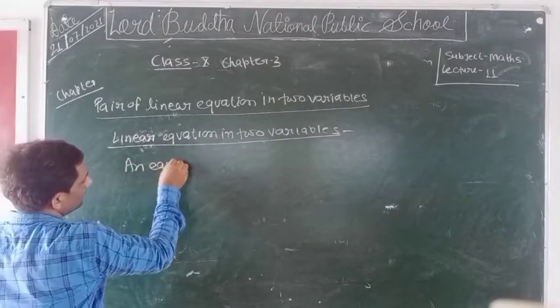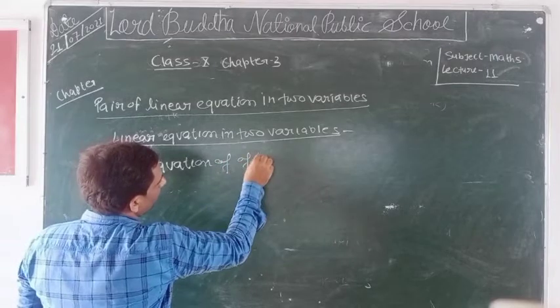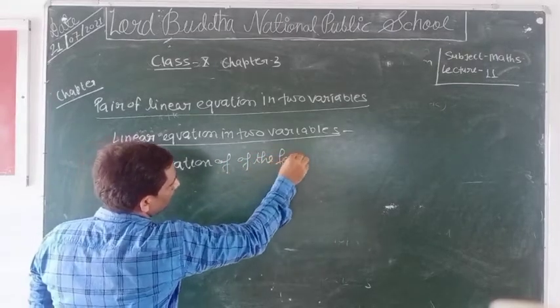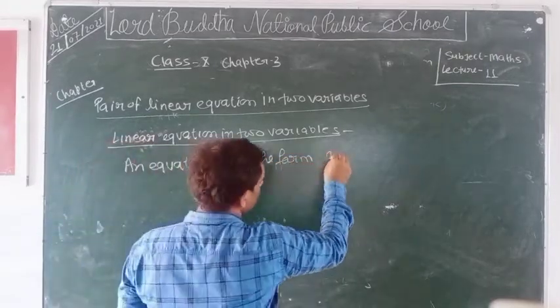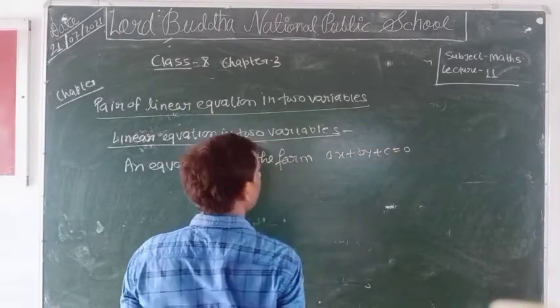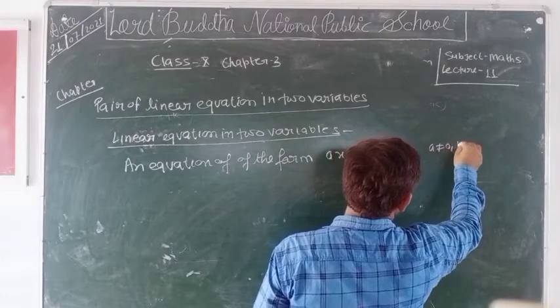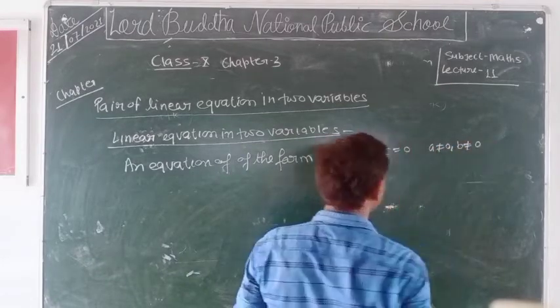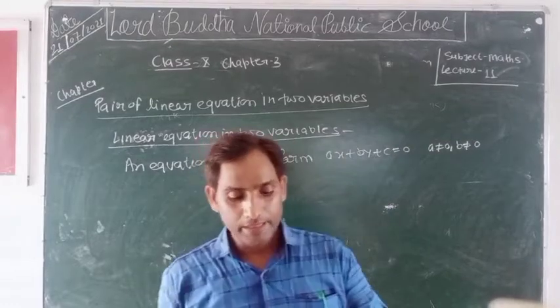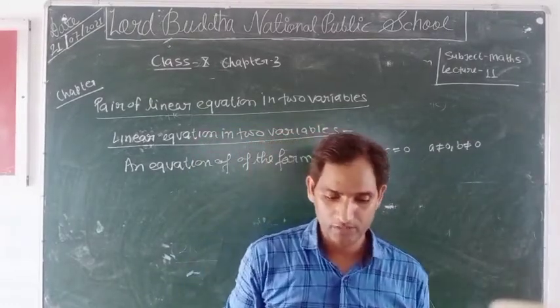An equation of the form ax plus by plus c equal to 0, where a not equal to 0, b not equal to 0, and a, b, c are real numbers.